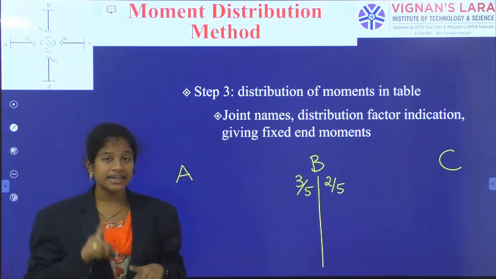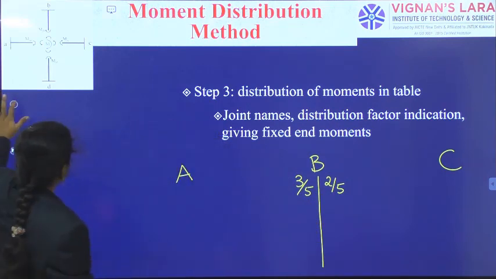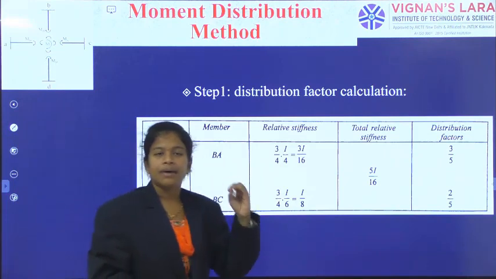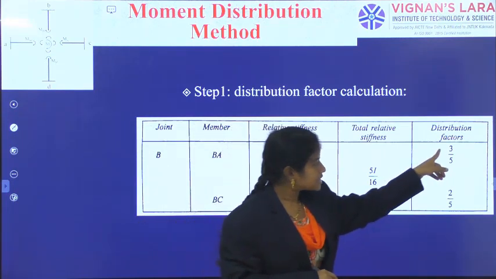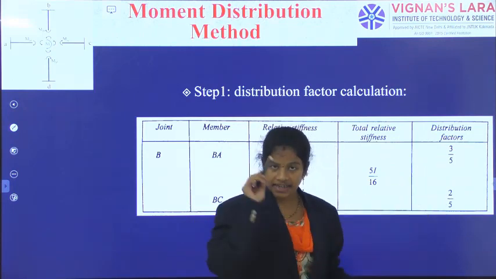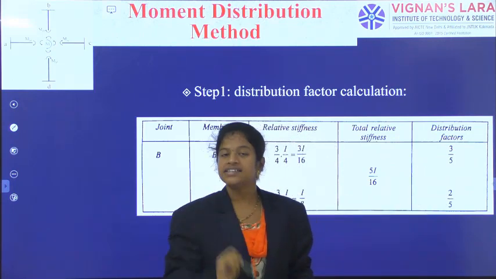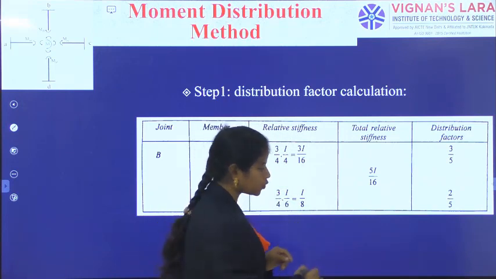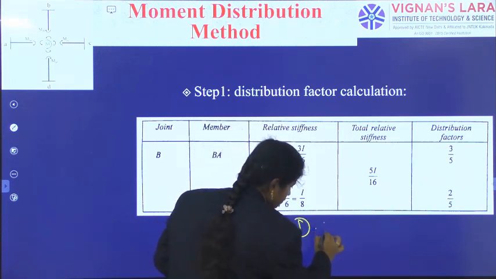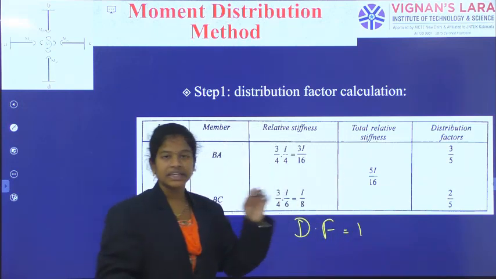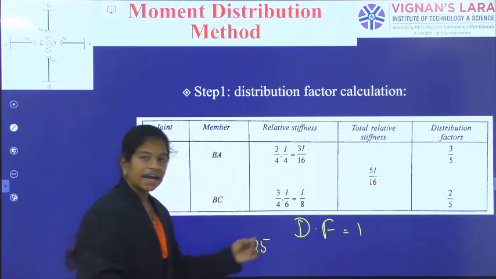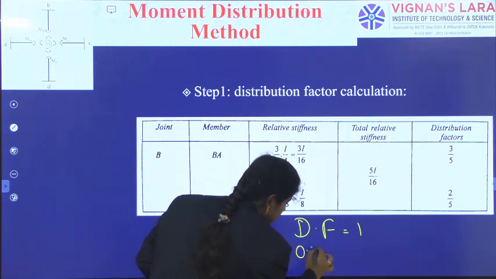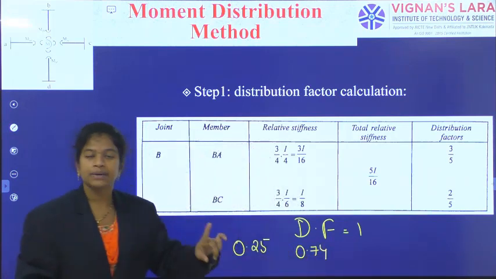And once you calculate, maybe by mistake you have taken decimals. Once you do the check, the summation of these two distribution factors at a joint should be equal to 1. Maybe if some value you have got as 0.25 and the next you have corrected as 0.74, don't keep that.